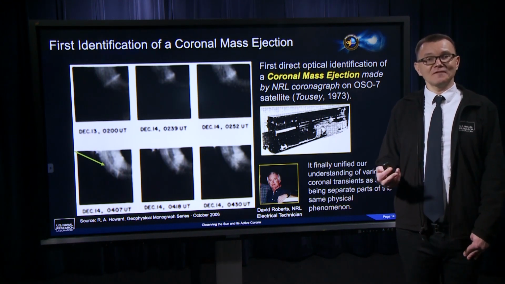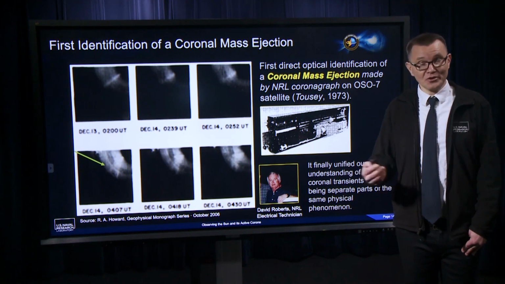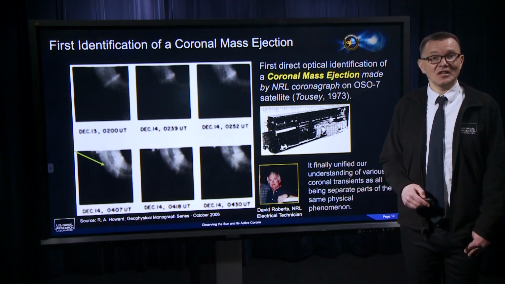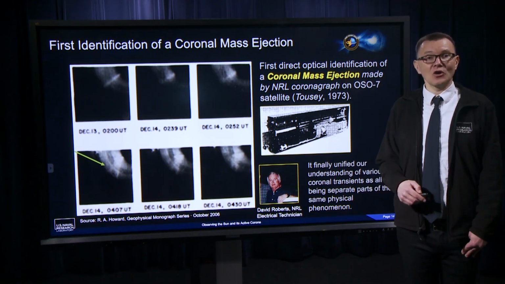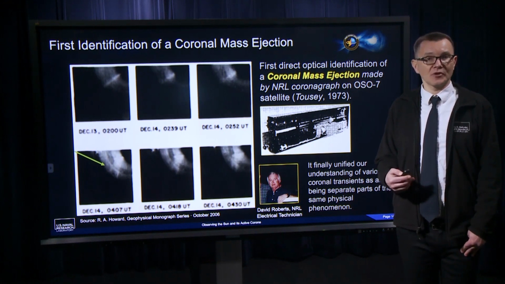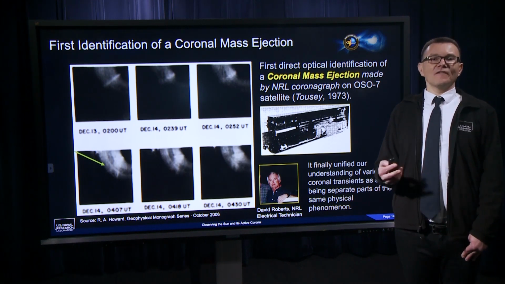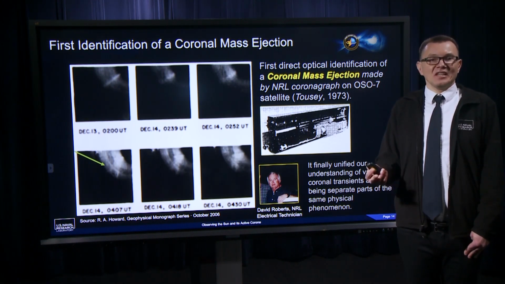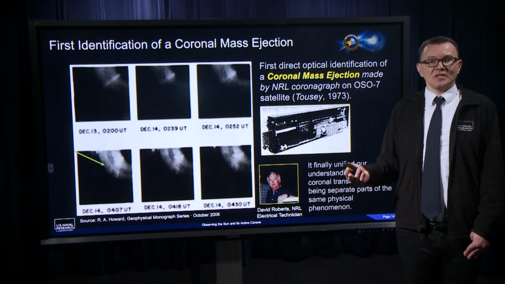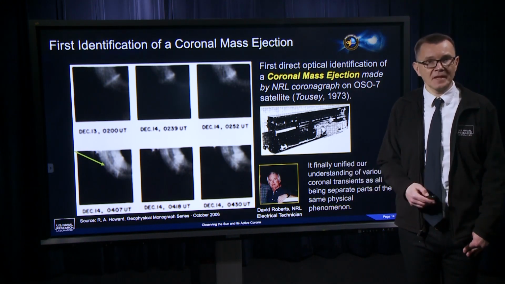For the first identified CME, the legend says at NRL that Dave Roberts, an electronics technician working for NRL who had been responsible for the testing of the coronagraph's camera, was in charge of day-to-day operations. He thought that his camera had failed because certain areas of the image were much brighter than normal.